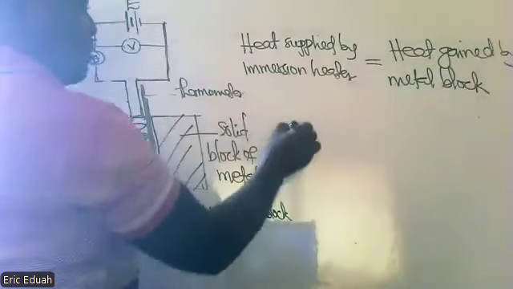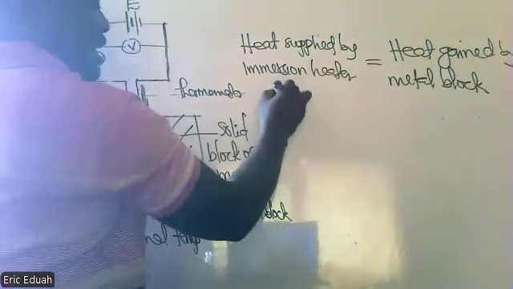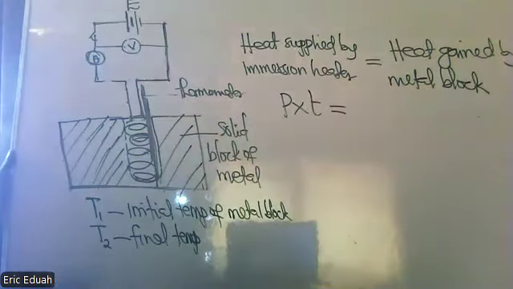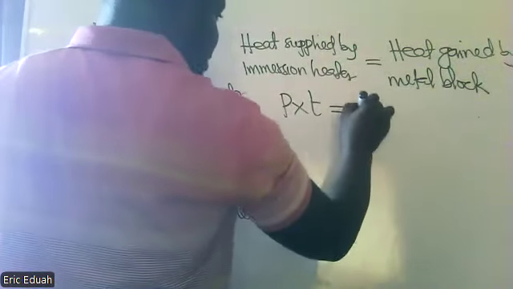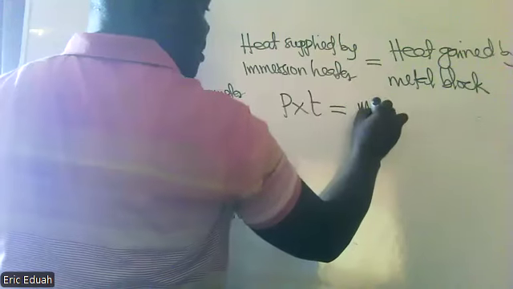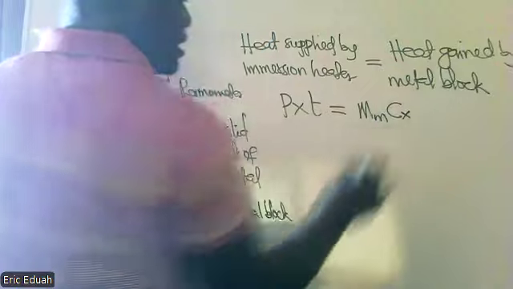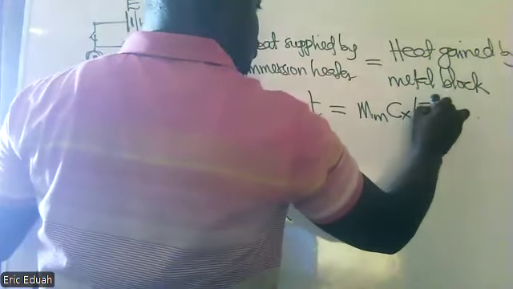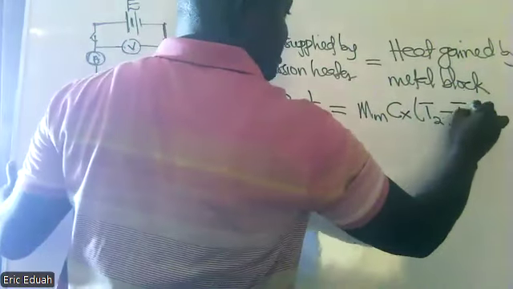Heat supplied by the heater can be power times time. Then the heat gained by the metal block is sensible heat: M, mass of metal, Cx, which is not known, times T2 minus T1.